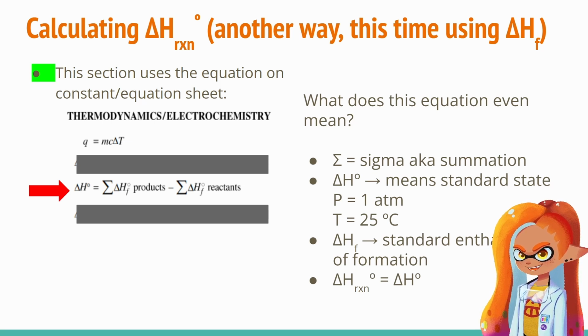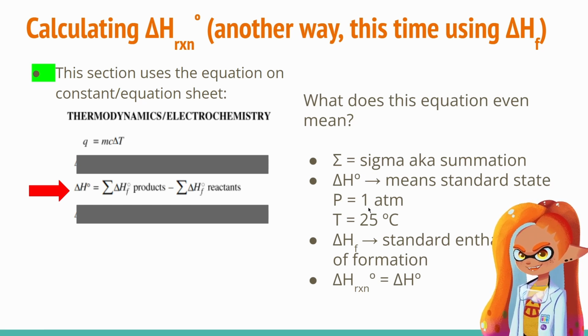So let's go ahead and break down this particular equation. As a reminder, this symbol is sigma, the uppercase Greek letter, and it means summation. So you're adding all the delta HF values for the products, and you're subtracting the reactants, okay? And then your delta H with the little degree sign, that's standard state.